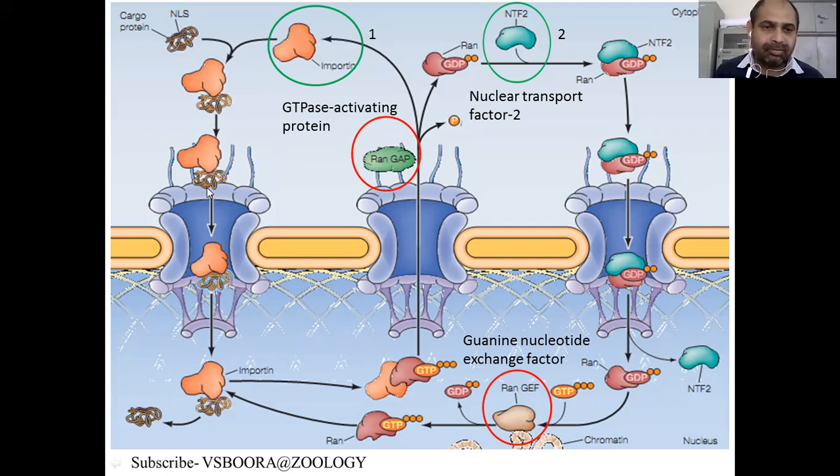Then this complex moves through the nuclear pore complex channel, and after moving toward the nucleoplasm, importin is freed from the cargo molecules. The importin protein is linked with RAN GTP, a conformational change takes place, and the cargo molecule is released into the nucleoplasm.